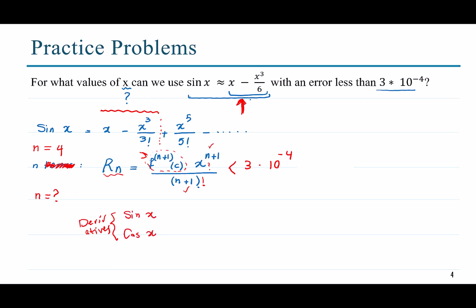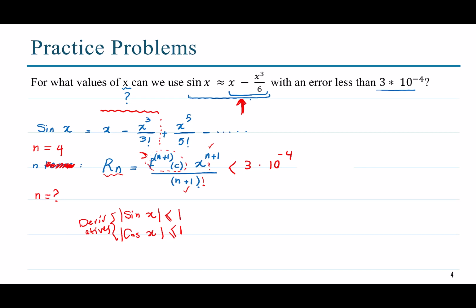And we know in both cases the absolute value will be less than or equal to 1. Because we're looking at sine x at point C, which we don't know what it is, and cosine x at some point, which we don't know what point it is. But no matter where the point is, that value is going to be less than 1.